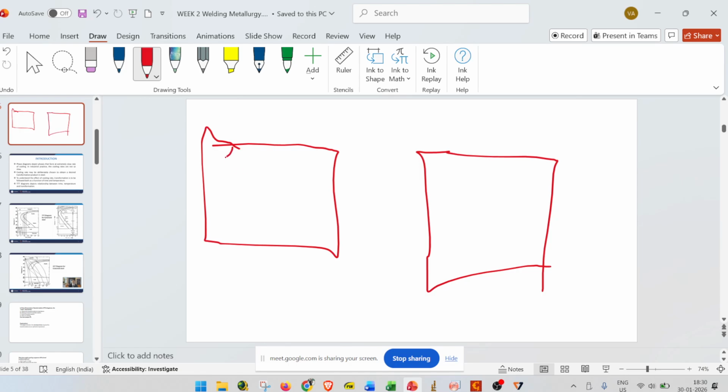Okay, one I am having with very small grains, very small grains. The other one I am having with very coarse grains.